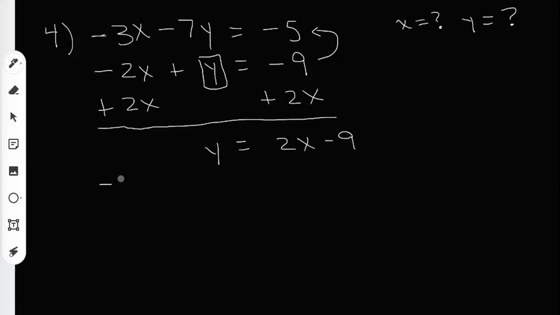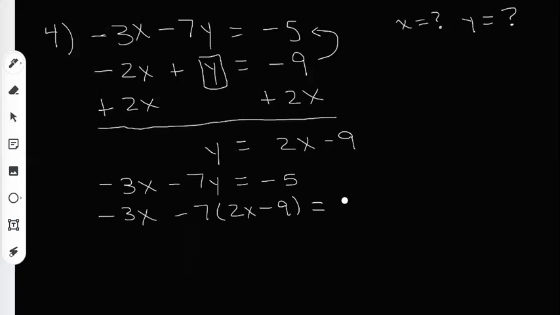So I have the top equation being negative 3x minus 7y equals negative 5. I know that y is the same thing as 2x minus 9, so that when I substitute back in, I can replace this y with a 2x minus 9, letting everything else stay the same. Okay?